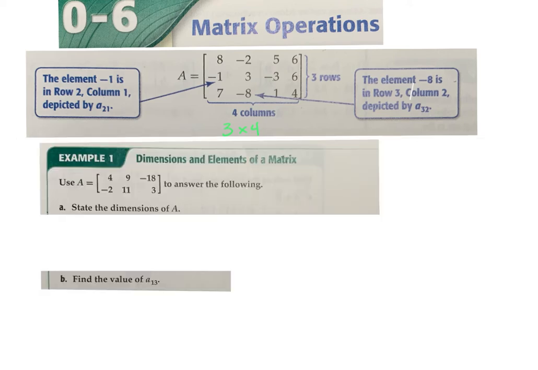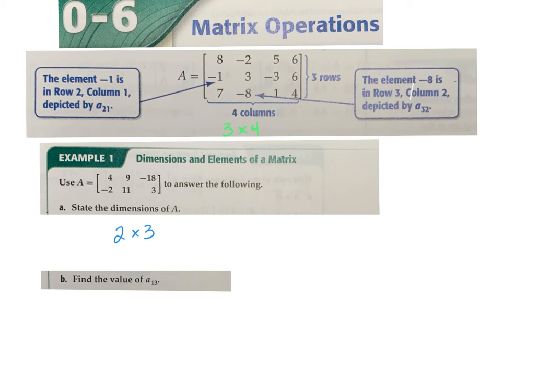So let's look at example 1 here, in the middle of the page. It says, answer the following questions about this particular matrix. The first thing they want us to do is state the dimensions. So the dimensions are just going to be my rows by my columns. How many rows does it have? 2. And how many columns does it have? So this would be a 2x3. Easy enough. All right.